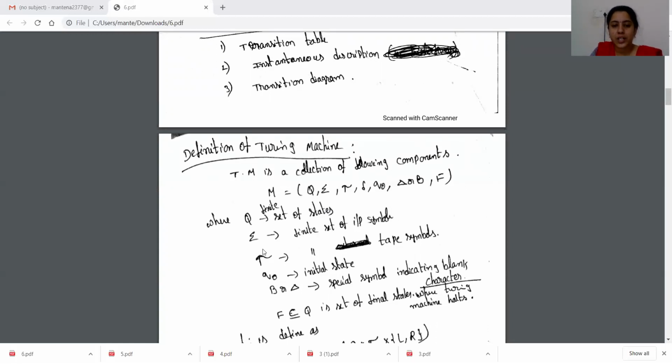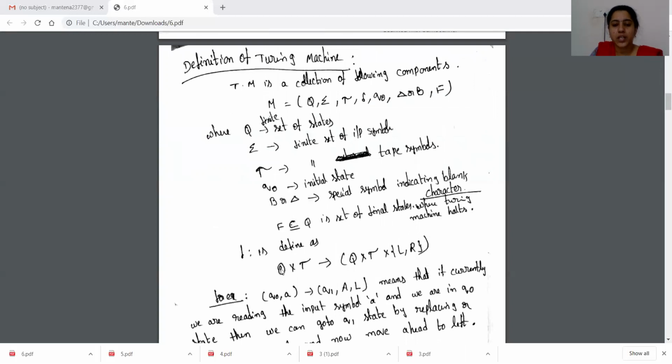And the transition function is defined on the Turing machine as Q cross tau to Q cross tau cross left or right. So here from some state on some input tape symbol, we are going to some other state by either reading or writing some symbols on the tape, and the tape movement may be left or right. So this is the transition function definition in the Turing machine.